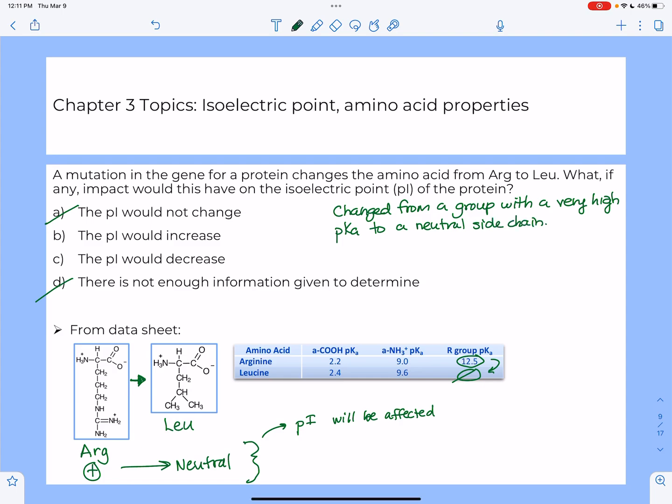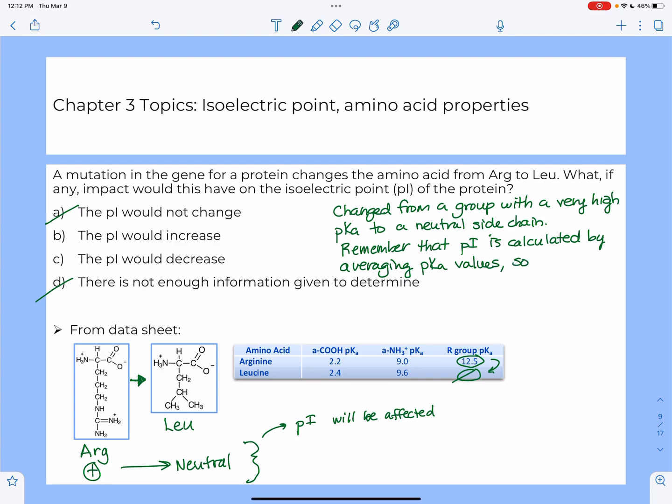Okay. So if we're getting rid of a very high number in our pKa calculation, remember that a pI is calculated by averaging pKa values.